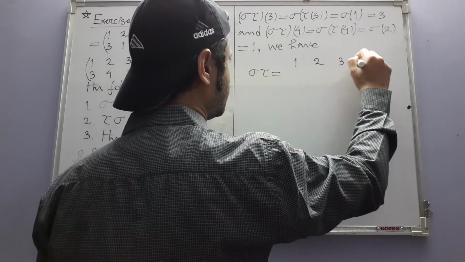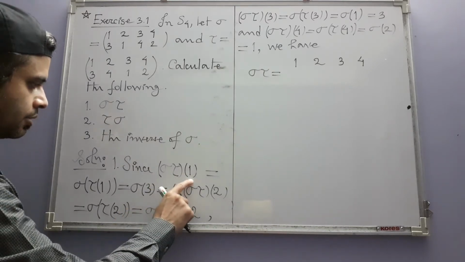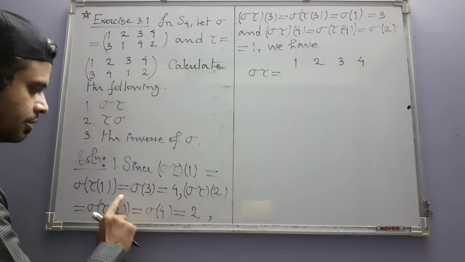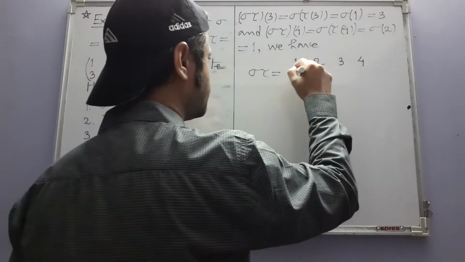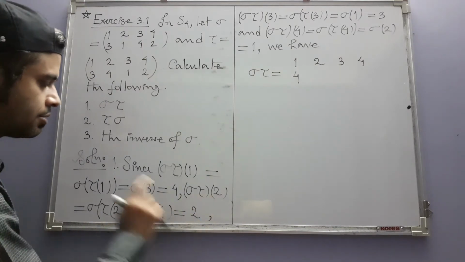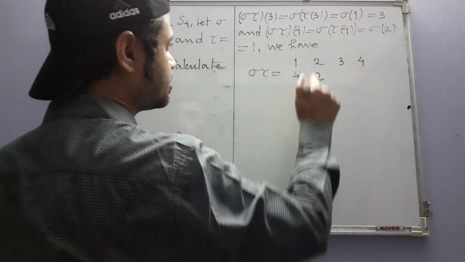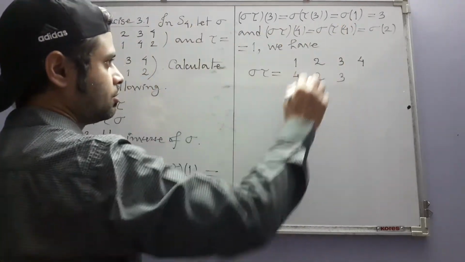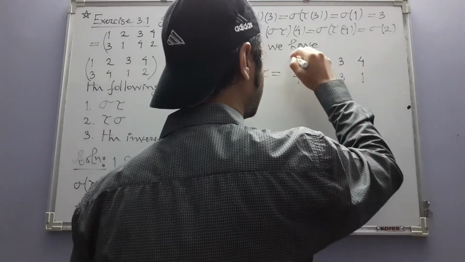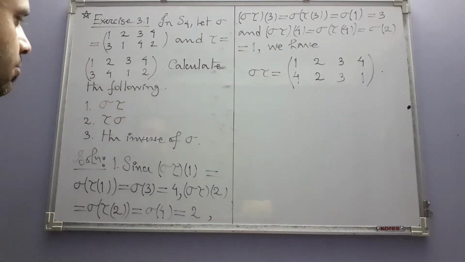We can now use this notation, and in the second row we will write those outputs, the images. So the image of 1 under this composition is 4, so we write 4 below 1. Then the image of 2 is 2, the image of 3 is 3, and the image of 4 is 1. So this is our sigma composition tau.